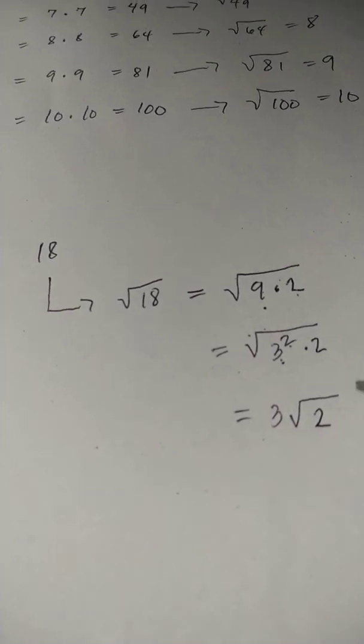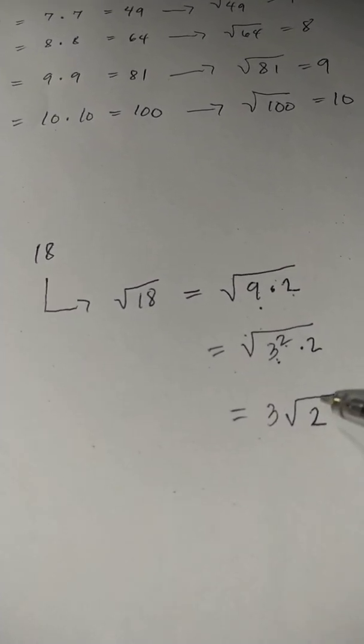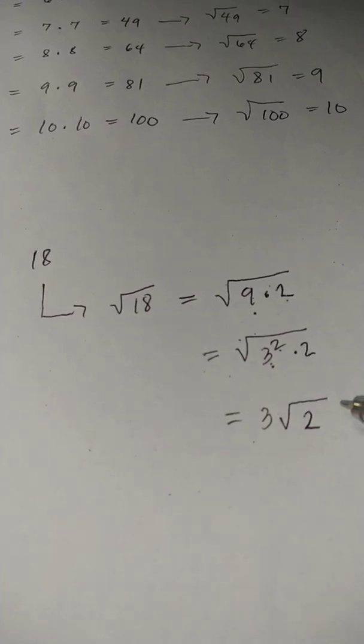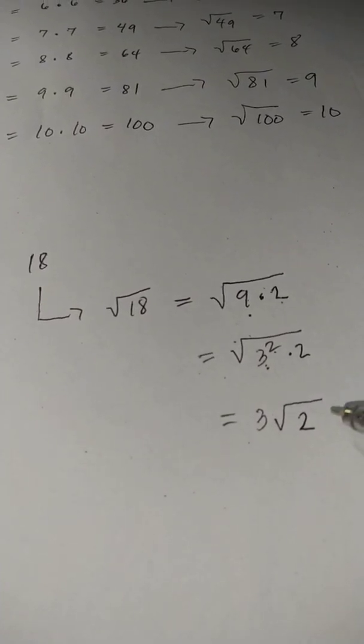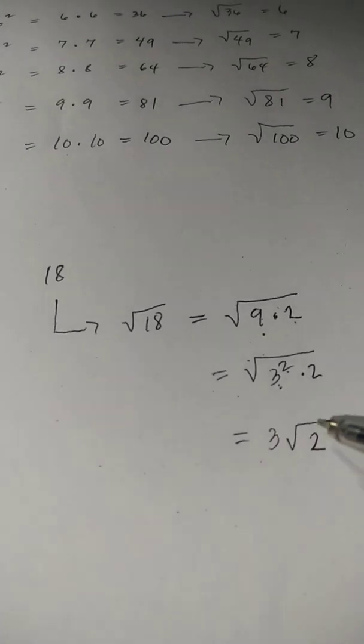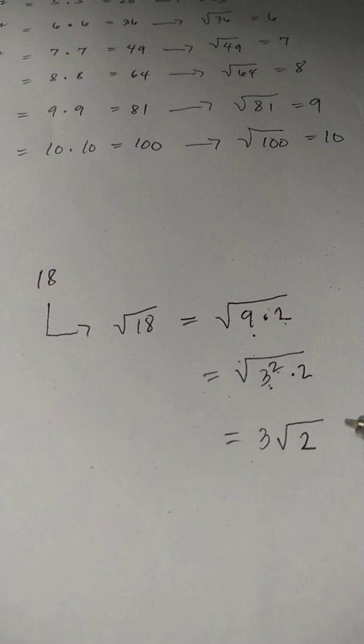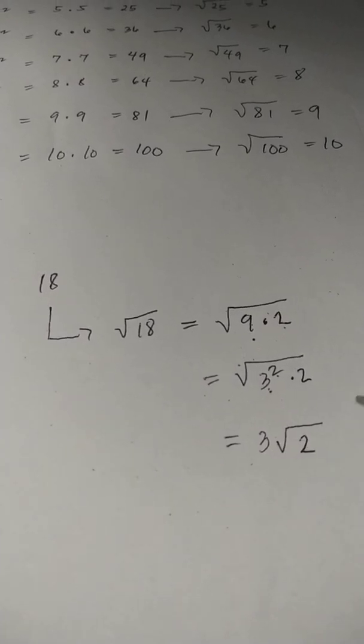Take note that instead of using decimal numbers, we allow the final answer to be expressed in radical form. 3 square root of 2.